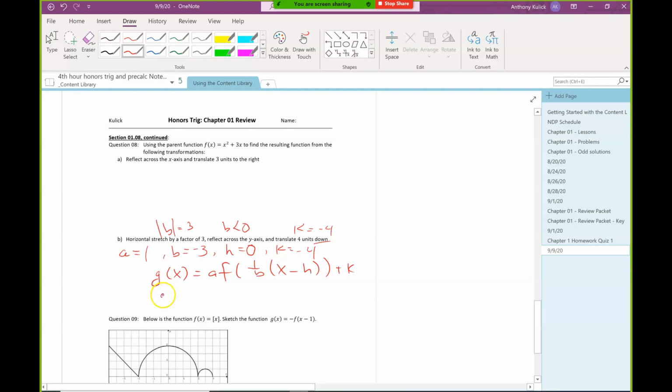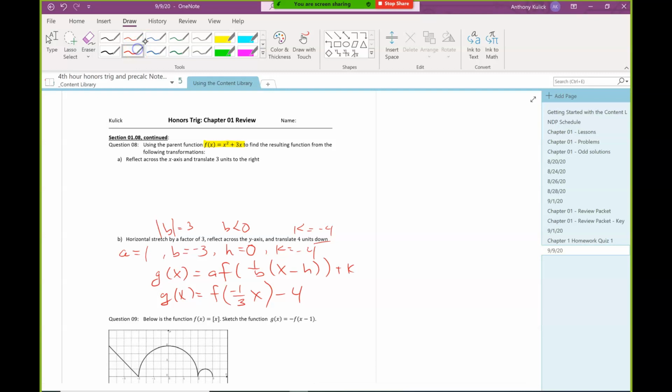Okay. So that just becomes this. Okay? So now I know what f of x is, right? It tells me in the problem.